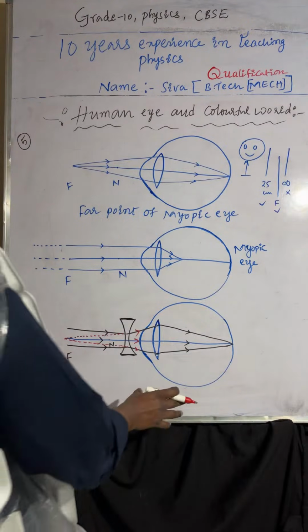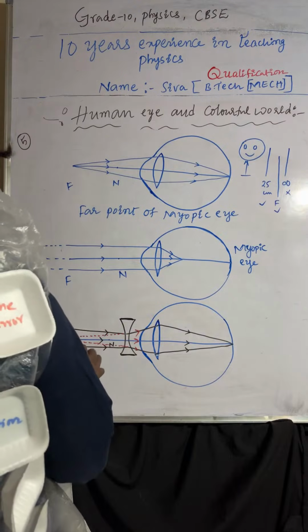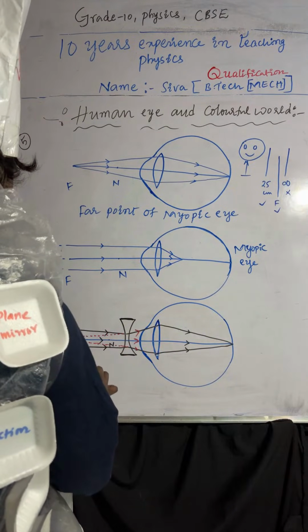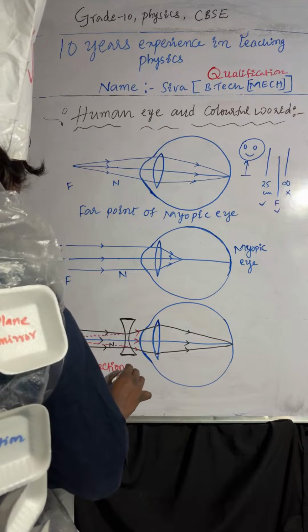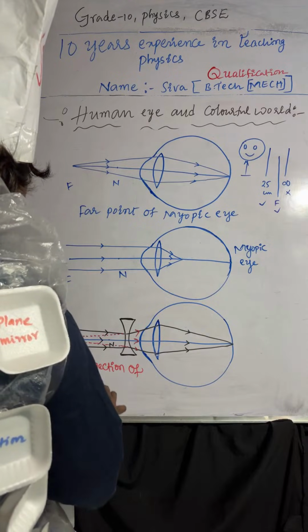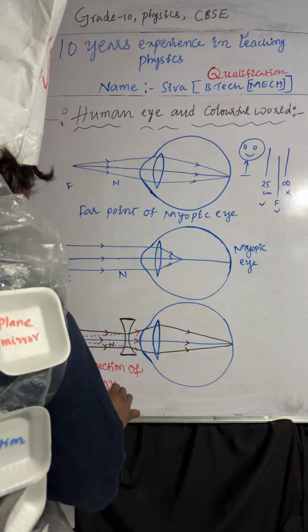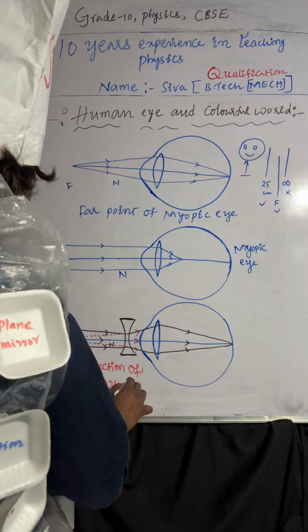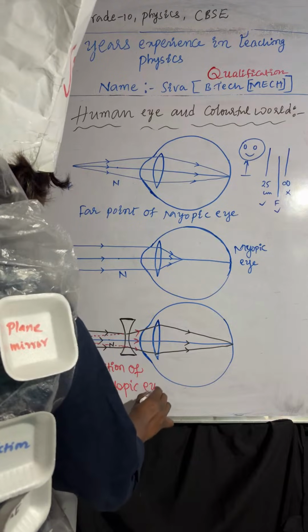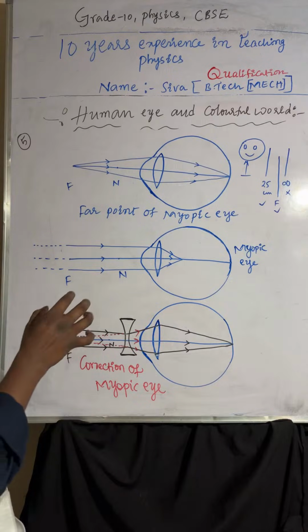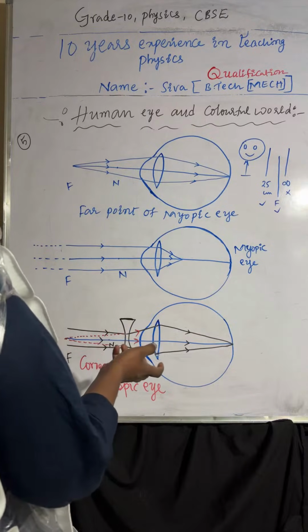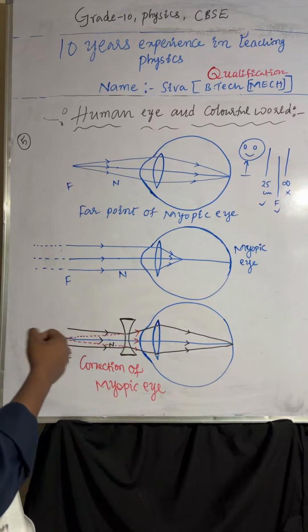I hope it is very clear. This is the correction of myopic eye. By using concave lens, we can correct this defect of myopia.